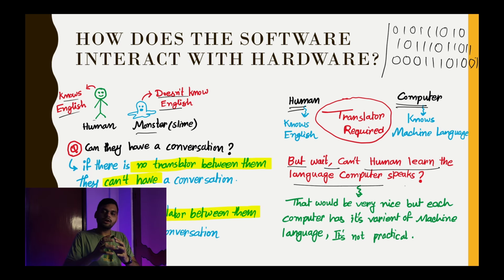So on creating this programming language, we learned it, and after learning it, there is a translator in between. We are giving the translator what we want to tell the computer. The translator takes it and converts it to the machine language, and the computer understands it. So this is the procedure. Okay, so let's move forward.